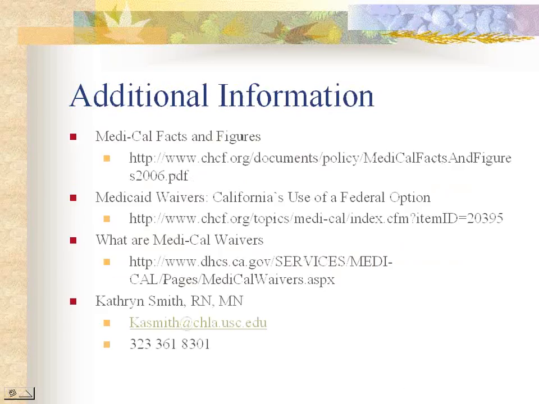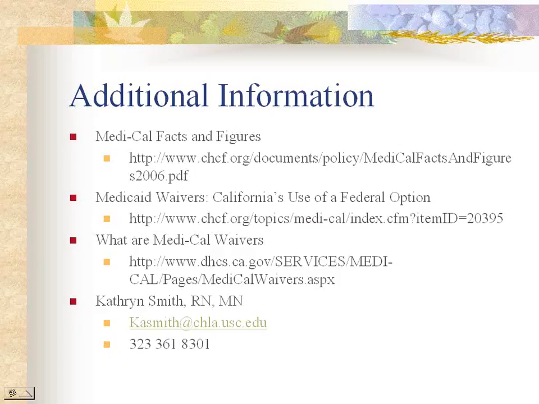Let me get to the next slide. If you go to the website, there'll be a page on that website that says description of Medi-Cal waivers chart, and you can actually click on each of the waivers, and then you get very specific information on those waivers about how to apply for them.